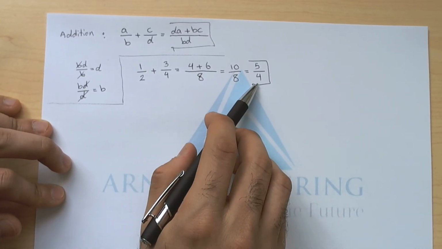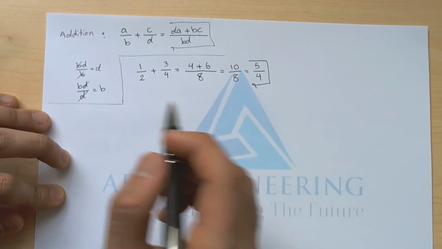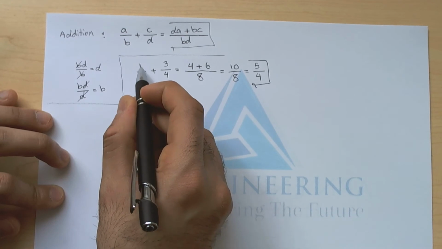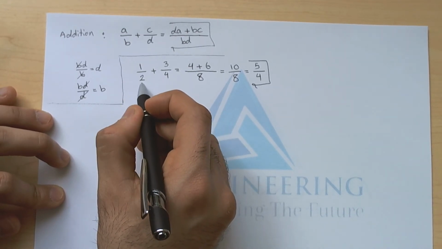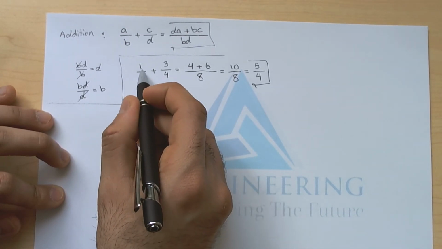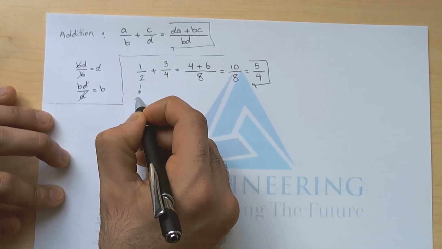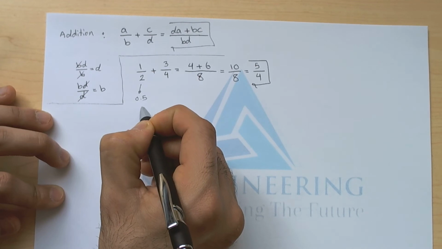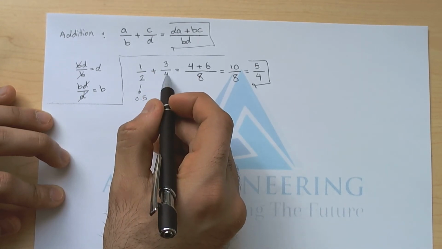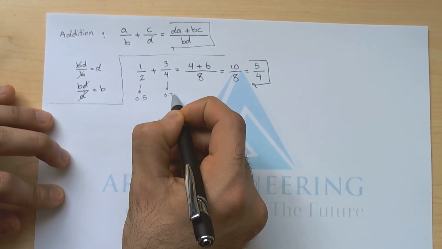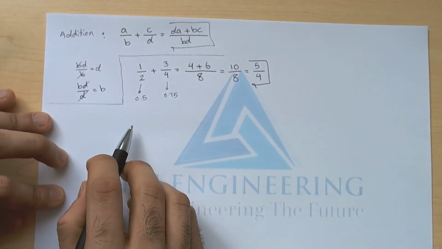Now, we can quickly check this by writing these in a different format. We can say 1 divided by 2 is basically a half, right? And 3 divided by 4 is basically 0.75, right?